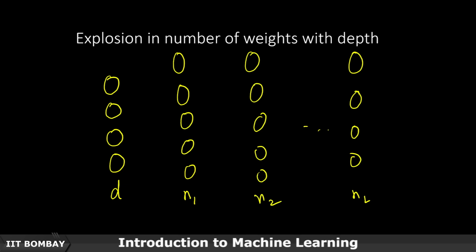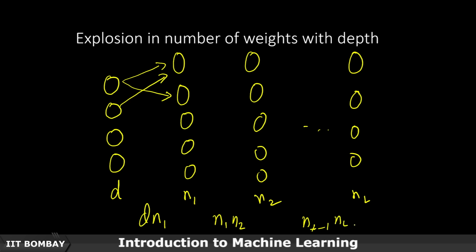So the total number of weights, remember the weight is a matrix that connects every output of the previous layer to every input of the next layer. Here we will have d times n1 weights, and then n1 biases. Here we will have n1 times n2 weights and n2 biases. Here we will have n(l minus 1) times nl weights and nl biases.